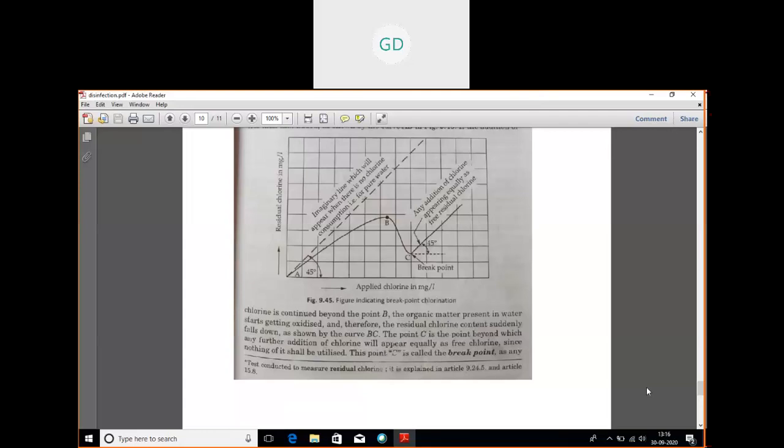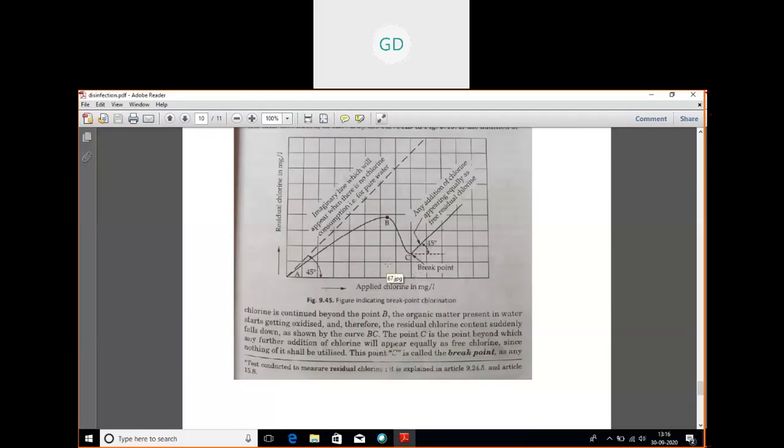We have already discussed this. So this point C is known as your breakpoint chlorination. Okay, this C is known as your breakpoint chlorination.